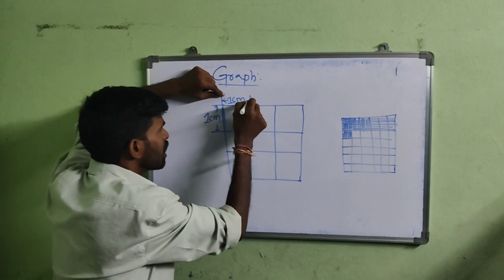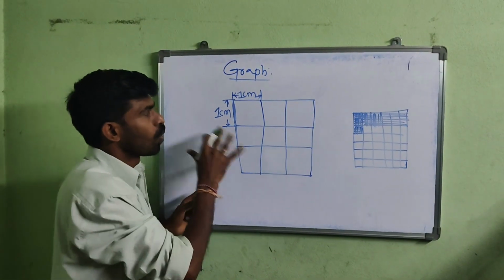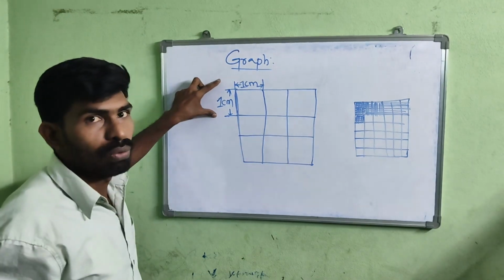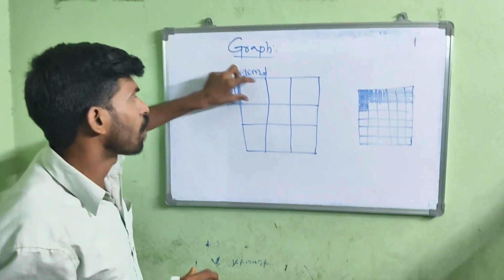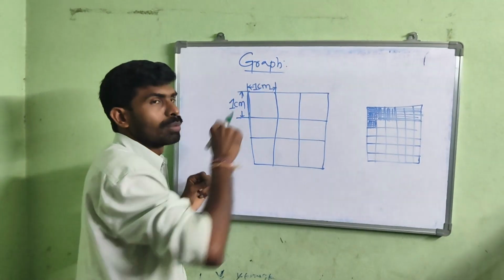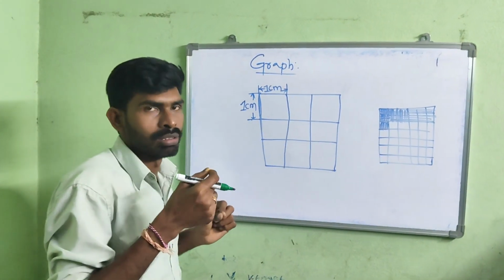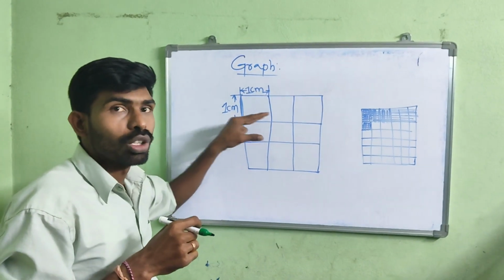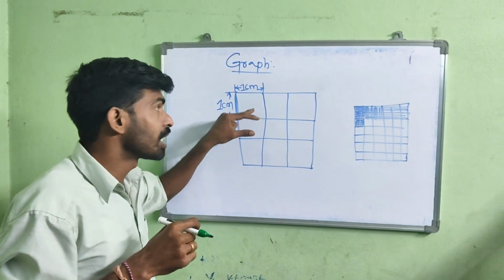This is the square one in the graph. One box of the graph is 1 centimeter into 1 centimeter, simply 1 centimeter square. Okay, 1 centimeter square is the area of the box.